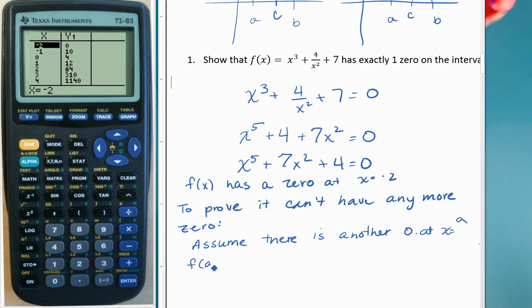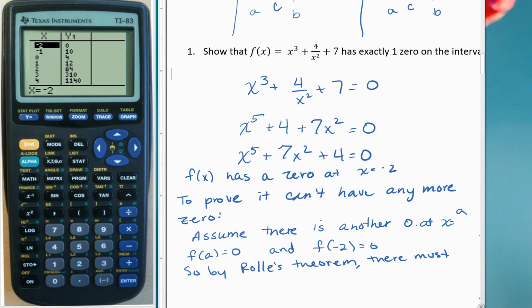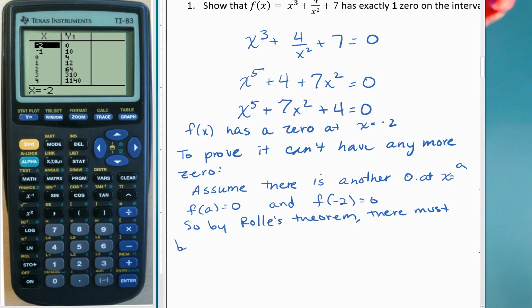That would mean that f of a equals 0 and f of negative 2 equals 0. So by Rolle's theorem, there must be an x value c between a and negative 2 where f prime of c equals 0.